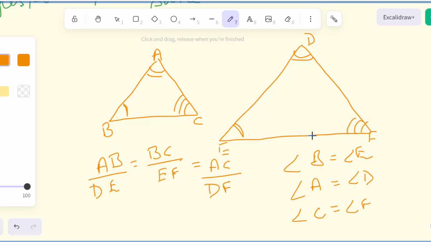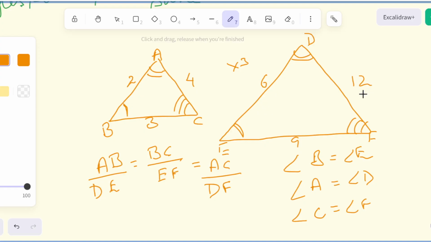Similar triangles means their sides will be proportional. As I took an example, if you increase each side by some factor, let it be 3 times, and this side is 2, this side is 3, this side is 4, everything will be made 3 times. So 2 times 3 is 6, 3 times 3 is 9, 4 times 3 is 12.